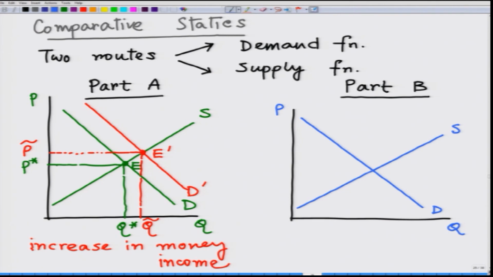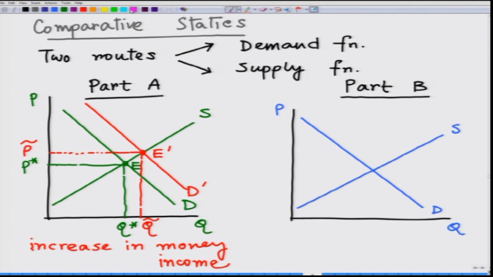Now, when we draw a supply function, many things are kept fixed. One of them would be the weather condition, the other could be the input prices. Suppose input prices have changed, there is some rise in, say, the price of an energy input.